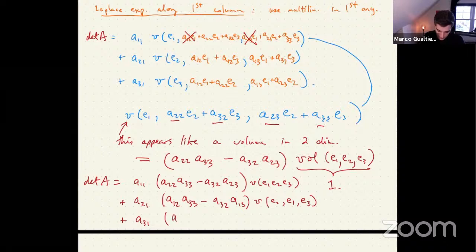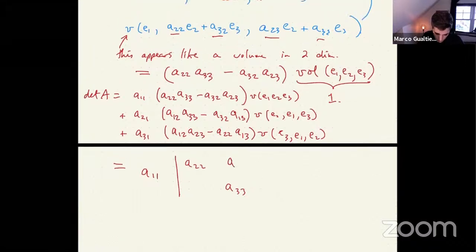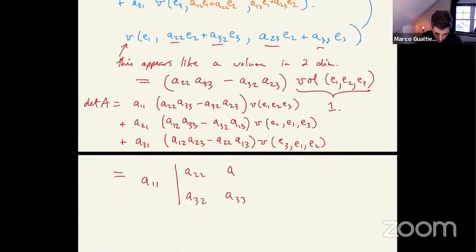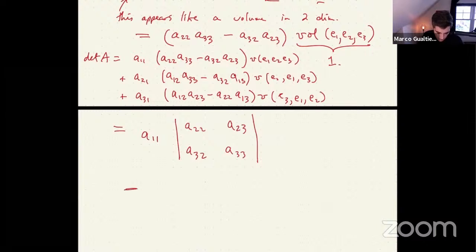So then I'll get A12, A23 minus A22, A13 with a volume in this order, E3, E1, E2. Okay, and if I write this out, it's going to be A11 minus A21.